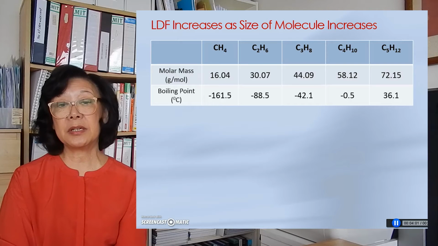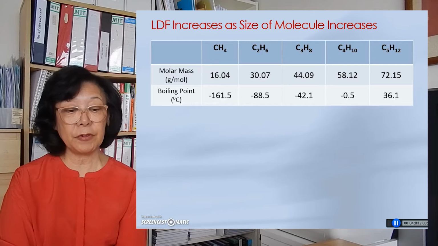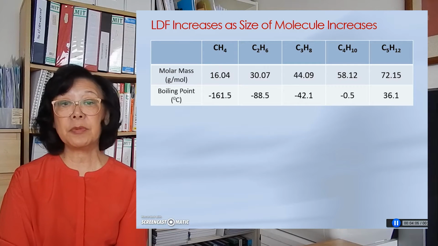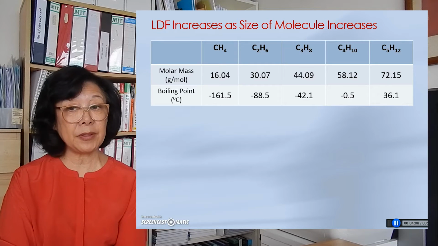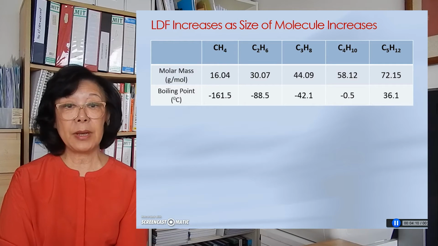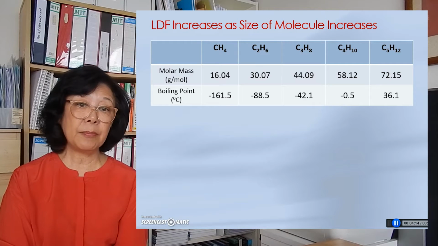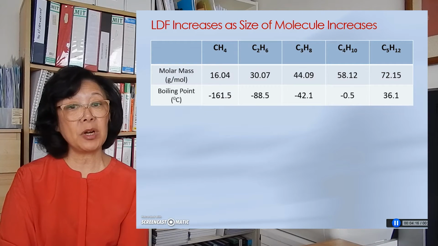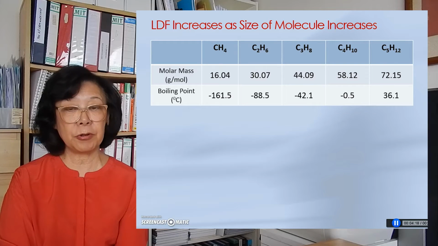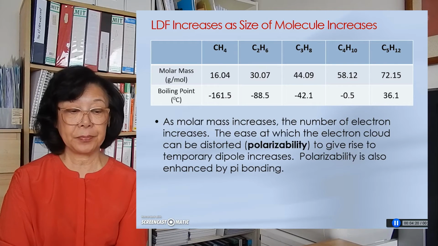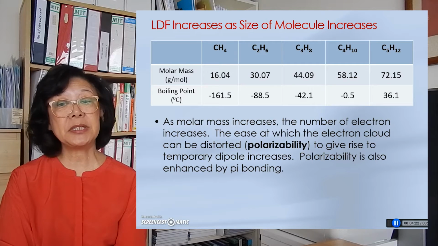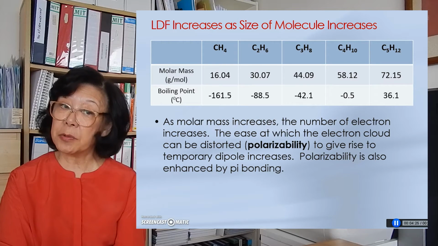Now here is another table recapitulating the information in terms of molar mass and boiling points from methane to pentane. Molar mass increases from 16 to 72 grams per mole, and boiling point increases from negative 161.5 to 36.1 degrees C. As molar mass increases, the number of electrons also increases.